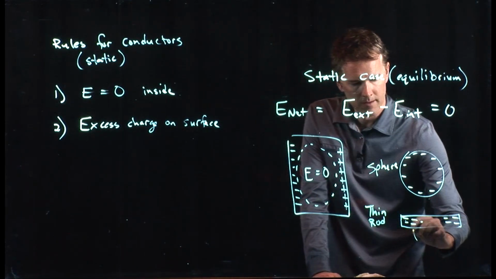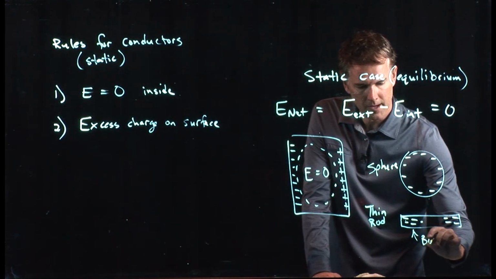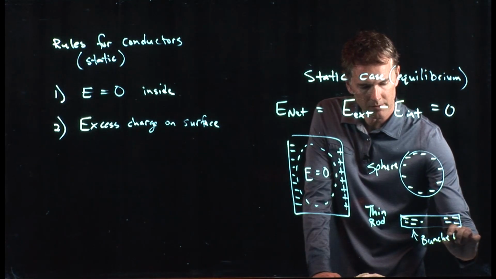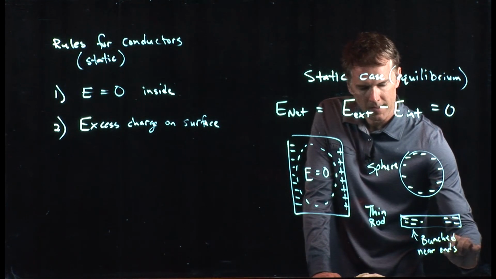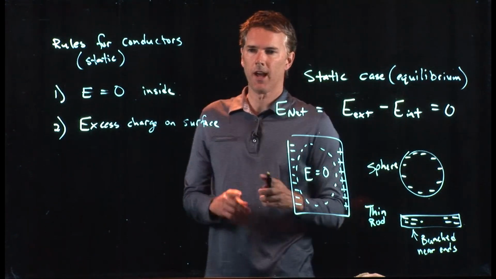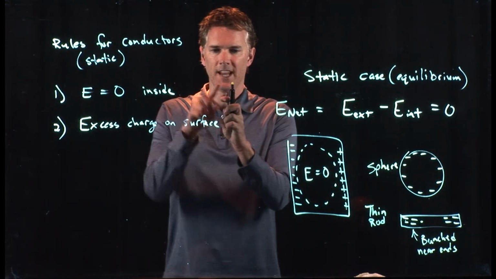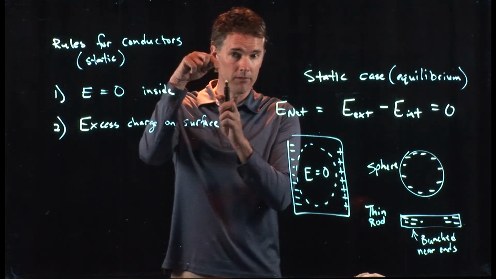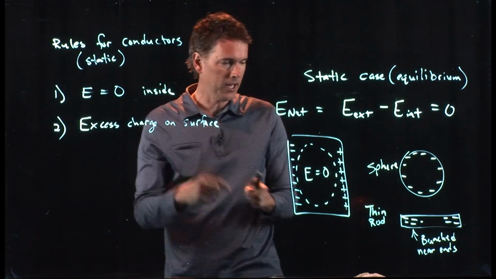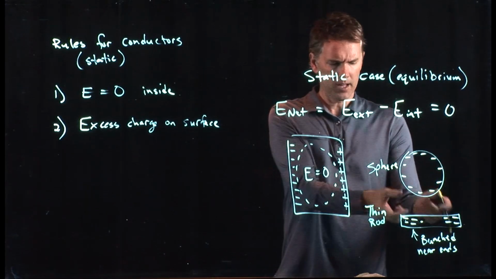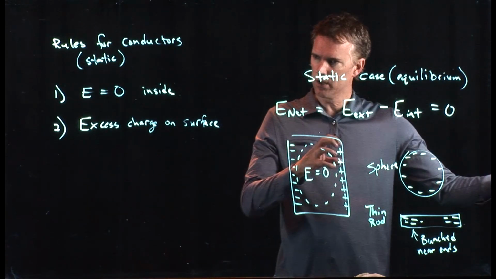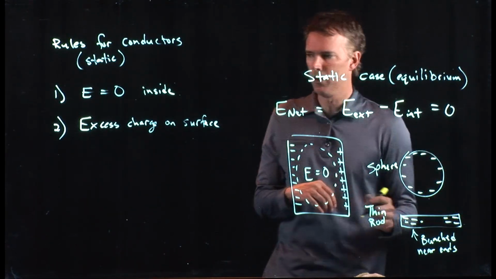Okay? They are bunched near the ends. And this is one of the reasons that carpet fibers tend to have a lot of electrons on the end of the carpet fiber. It's pushing all those electrons out to either end. So it's kind of weird, but thin rods have more electrons on the ends than they have in the middle.